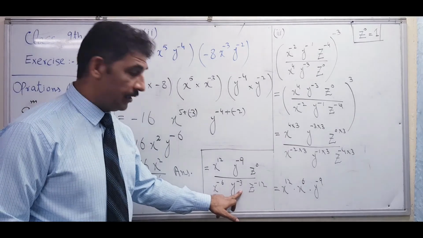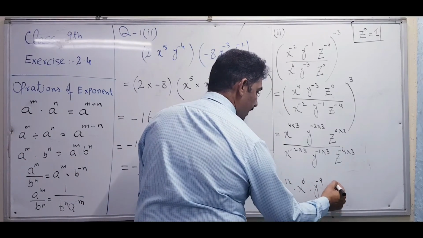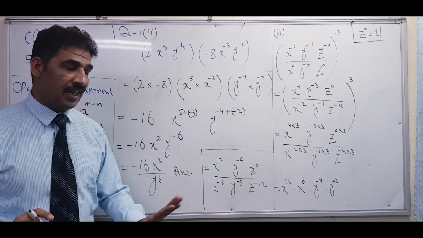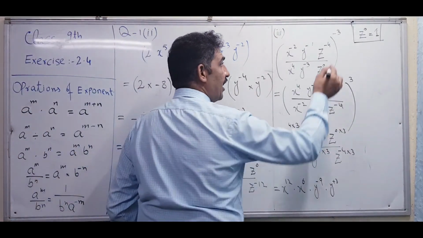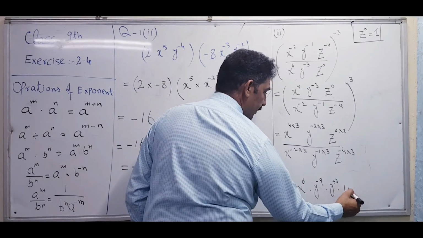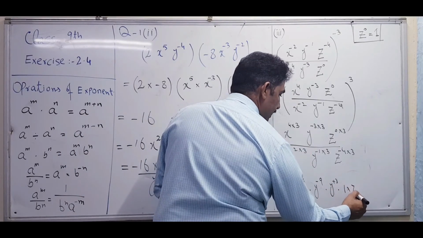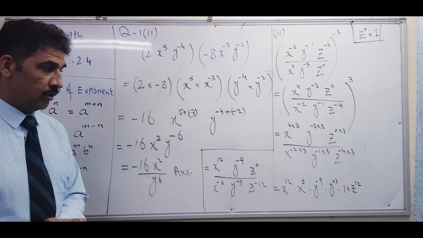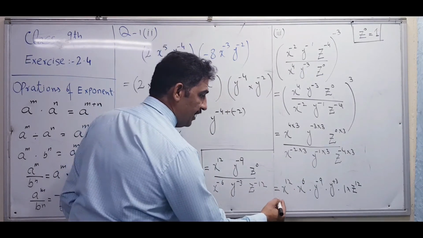Going up, it will become minus 3 to plus 3. If you write plus or not write plus, only 3, both are correct. Z raised to power 0, I already told you that is equal to 1. So you will write that 1 multiplied here, minus 12 going up, z raised to power 12. So for the final answer, add their exponents and write in a simple one line.